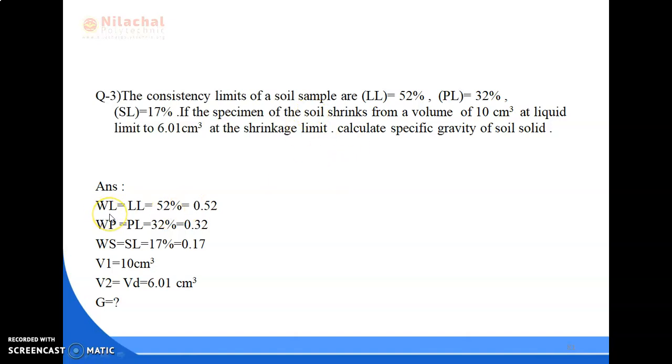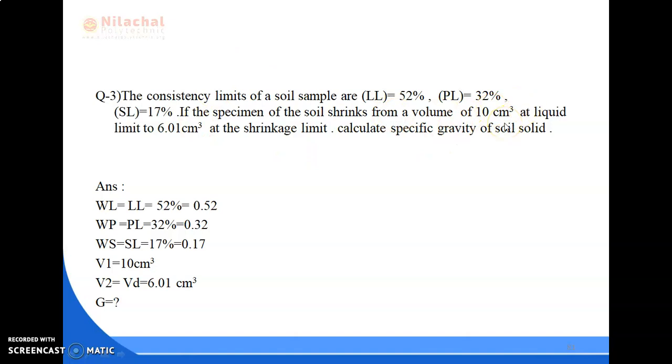So WL, liquid limit or LL equal to 52%, we convert it into decimal, this is 0.52. WP, plastic limit or PL equal to 32%, 0.32. Shrinkage limit WS or SL equal to 17%, this is 0.17. Then two volumes are given here.